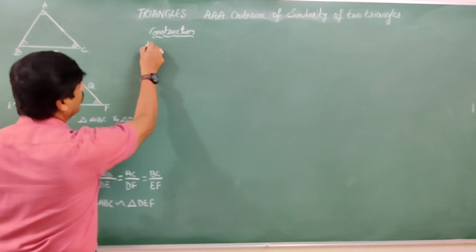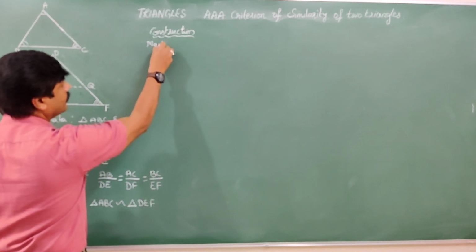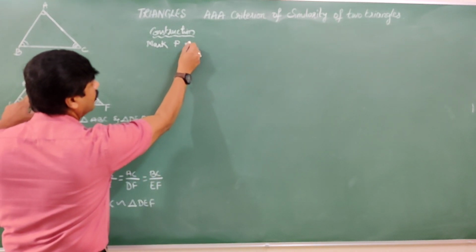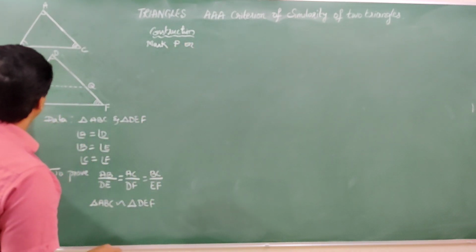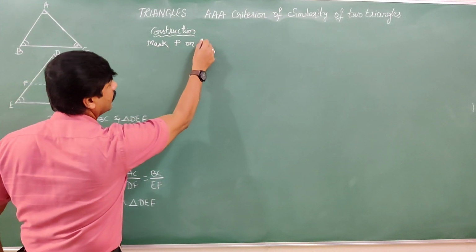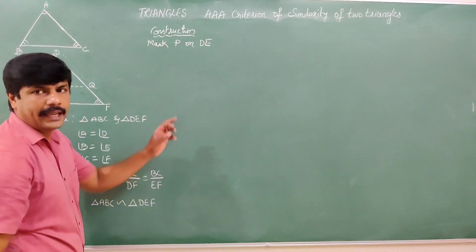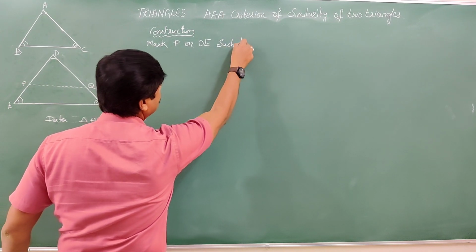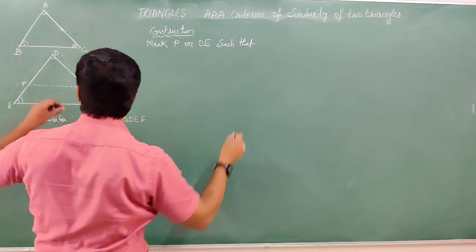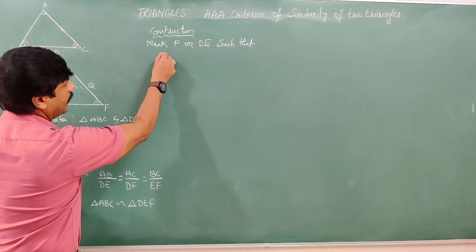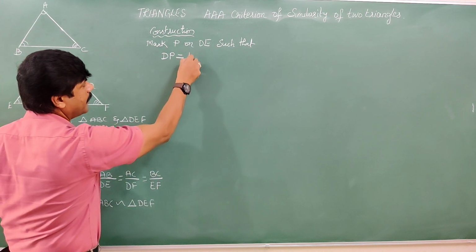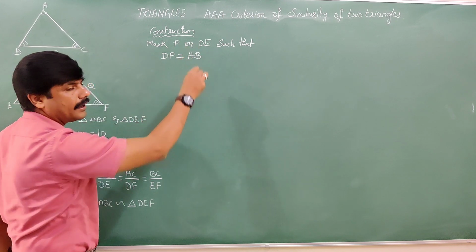Construction: mark P on DE such that DP is equal to AB.